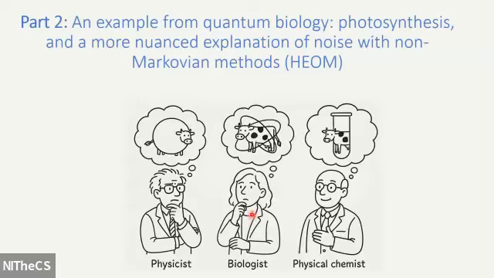Biologists, on the other hand, think of physicists making everything quantum, or they hope we can make everything quantum, because that's how you get grant proposals. And physical chemists are just doing their day job. They're doing chemistry and physics combined, and for them, it's pretty normal to think about this topic. So I don't know what this means. A test tube with a cow in it is kind of nothing.